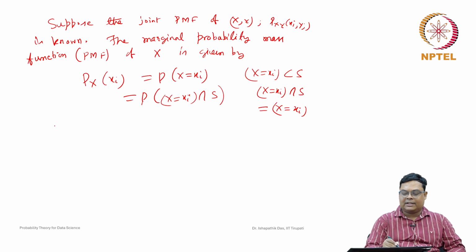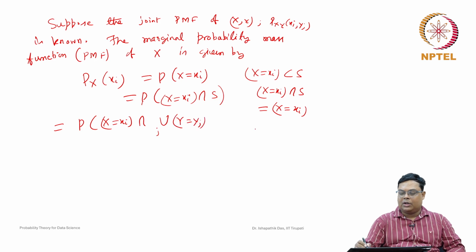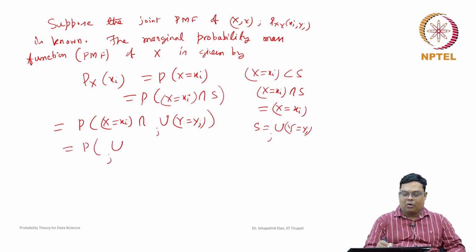Now, S can be represented as the union over all j of Y equal to y_j, because if you consider Y a random variable taking some values y1, y2, y3 like this, and you take the union of all possible values Y can take, this will be nothing but S. Now, using the distributive property, this is the union over all j of X equal to x_i intersection Y equal to y_j. Then we use axiom 3.